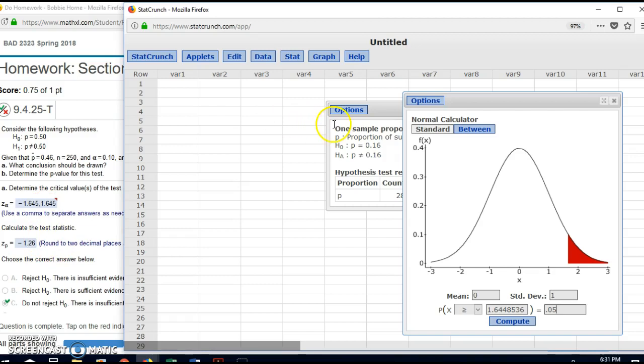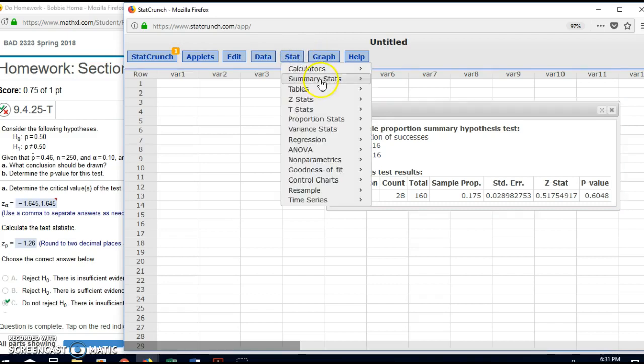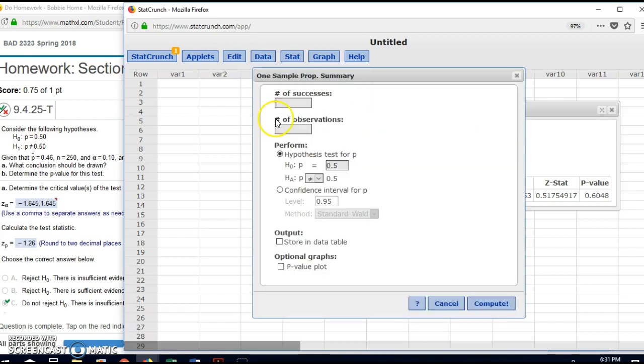Now to calculate your test statistic, remember you go back into StatCrunch, I'll just show you so we can review it. Proportion, one sample with summary, and then your number of observations is 250. Your number of successes would be 0.46 times 250, which would be 115.